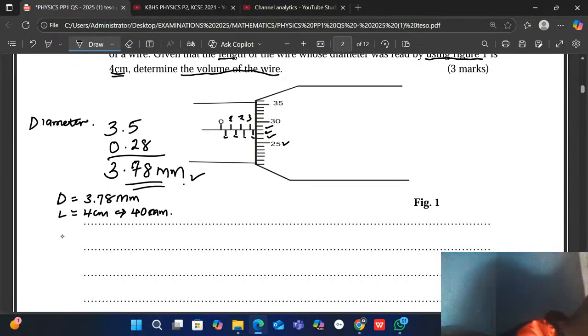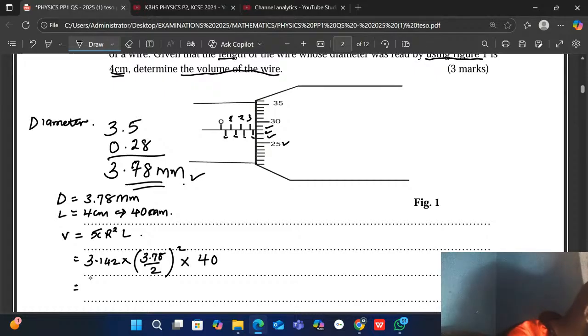So volume of this one will be given by pi r squared, then times the length. Then pi becomes 3.142. We get the radius by getting a half of 3.78. Then we square it, then we multiply by 40.